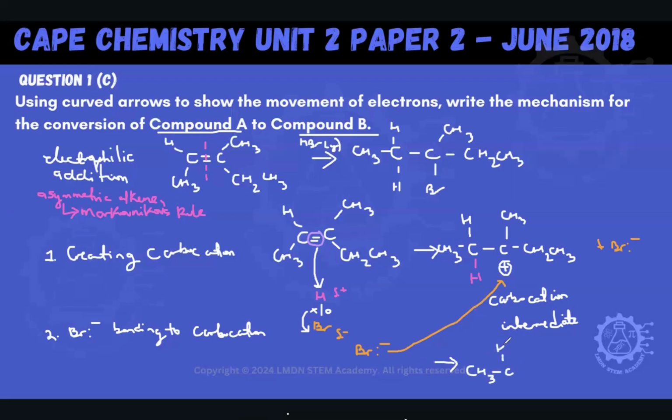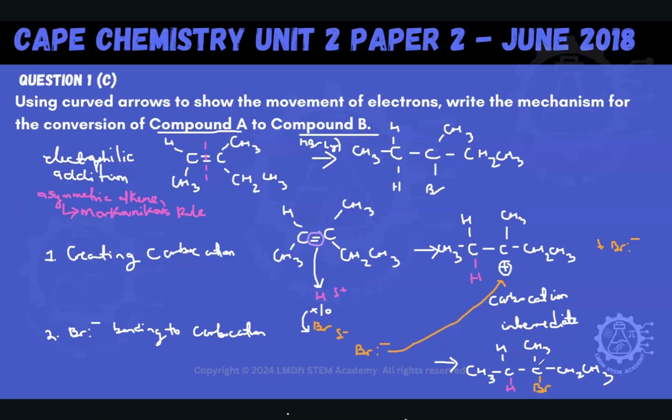So we have the C, we have the CH3, we have the ethyl portion that we had from before. And then we're gonna put in our H that was there from that intermediate carbocation. And then now we're gonna put in our Br right here.